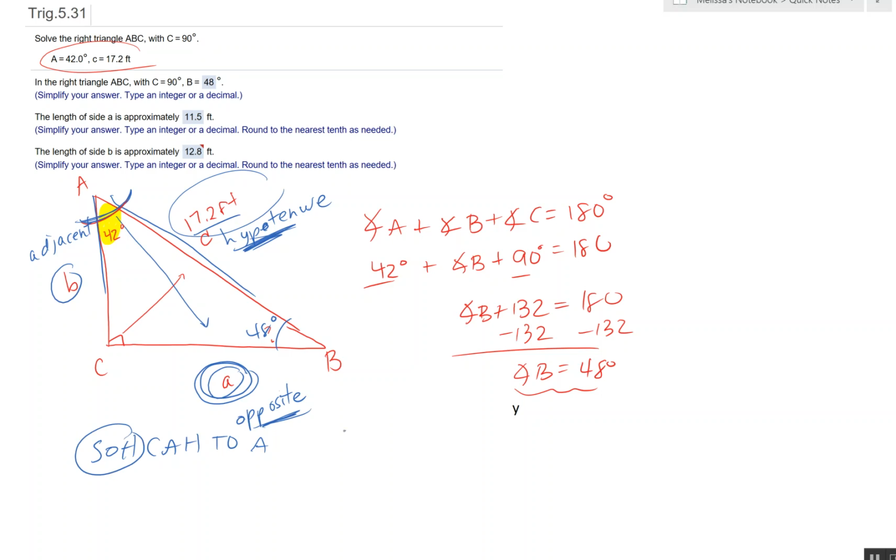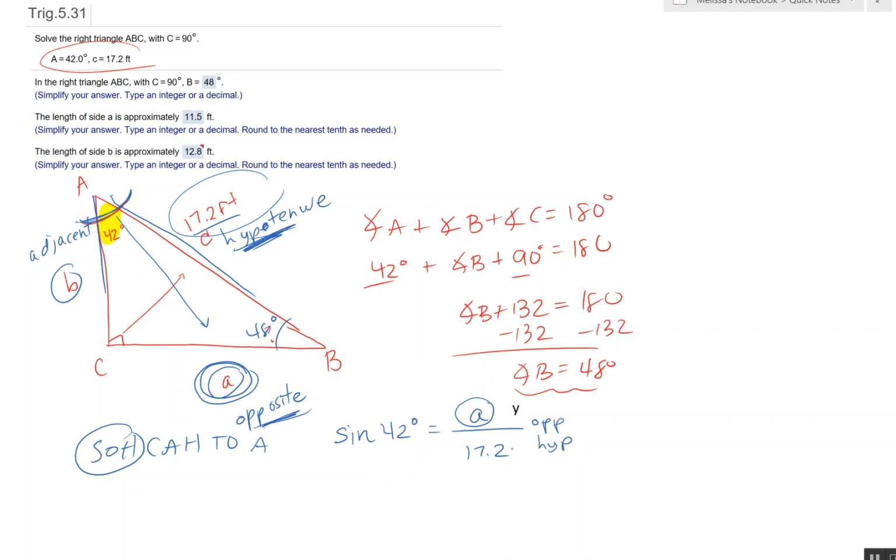So set up your trig ratio. Sine of your angle, so the degrees always goes next to the trig word, so sine of 42 degrees, equals fraction, and we do opposite side over hypotenuse. So I have side A over 17.2. Now in this equation, you're trying to solve for A, and we're going to use algebra. So right now it says A divided by 17.2.